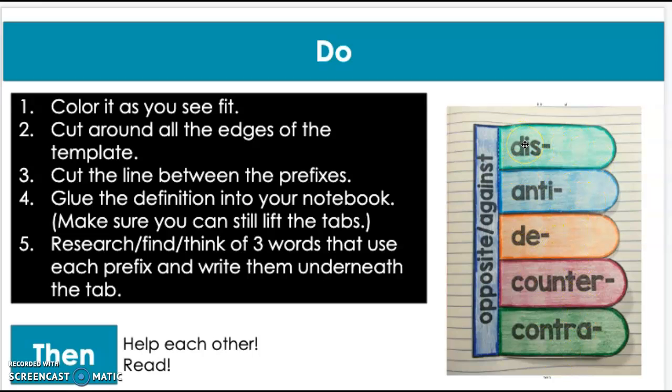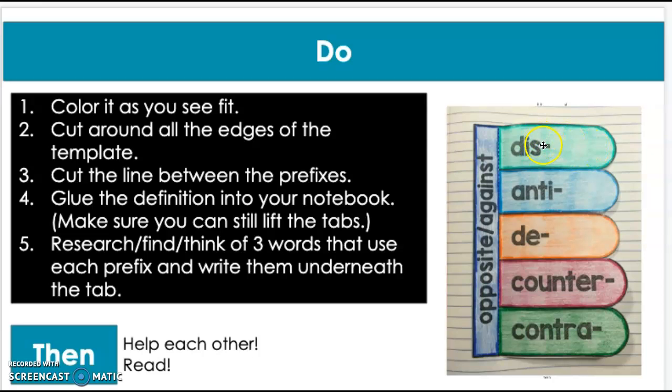So for example, dis, you might want to put the word disinterested, okay? So if you lifted up this tab for dis, underneath it in your notebook, you're going to write the word disinterested. And that just helps you to think of a word that relates to opposite or against that has that root in it. Obviously, the word disinterested means not interested, or it's the opposite of being interested.